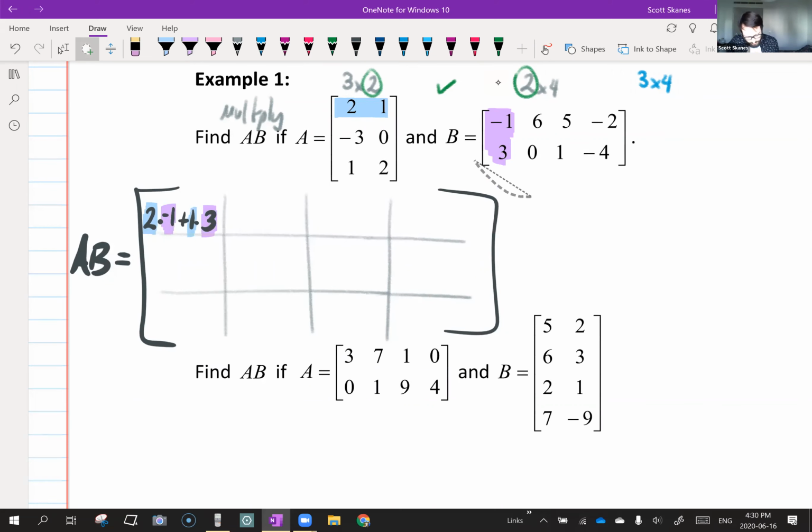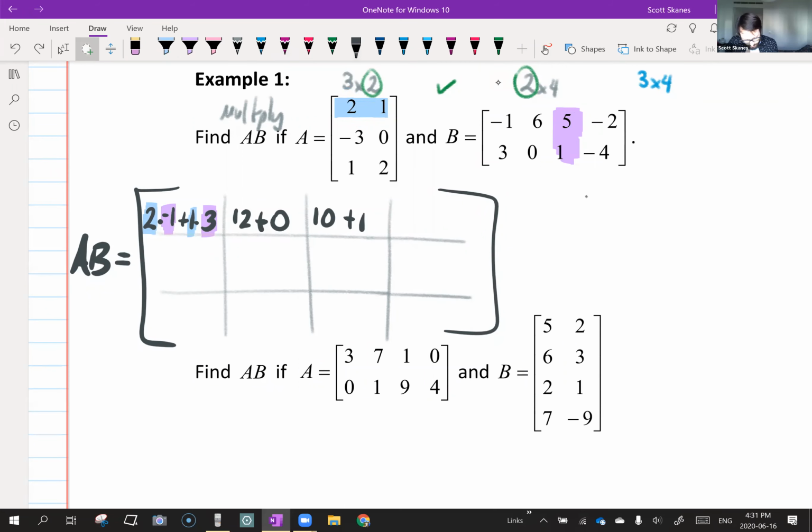All we need to do is just move this around, you know, first row, second column. So that'll be a 12 plus 0. First row, third column. That'll be a 10 plus a 1. Once again, I'm doing 2 times 5 and 1 times 1. So that's 2 times 5 is 10 plus 1.